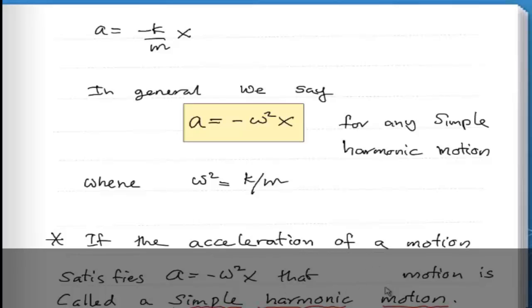So that means if the acceleration of the motion satisfies a equals negative omega squared x, that motion is called a simple harmonic motion.